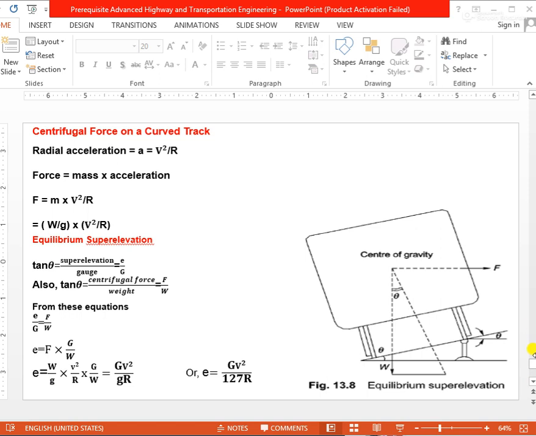To counteract the effect of the centrifugal force, the outer rail of the curve is elevated with respect to the inner rail by an amount equal to the super elevation.